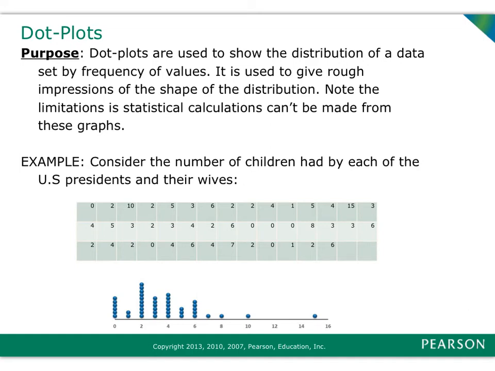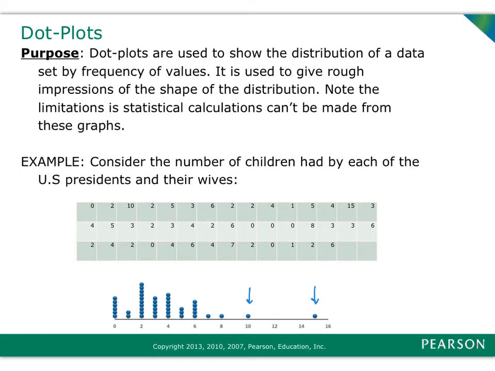Most of the presidents had fewer than 8 children. There were 2 presidents that seemed to have more than 8, here and here, one at 10 and one at 15.